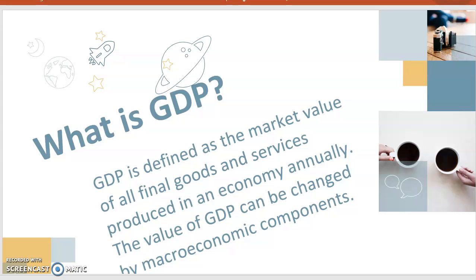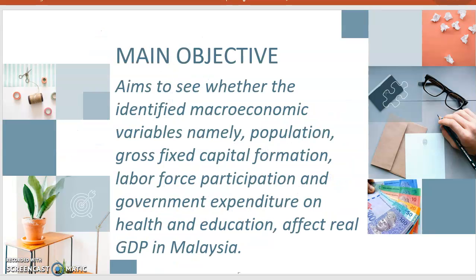Okay, let me explain what a GDP is. When we say GDP or gross domestic product, it is defined as the market value of all final goods and services produced in an economy annually. So the value of GDP can be affected by macroeconomic components.